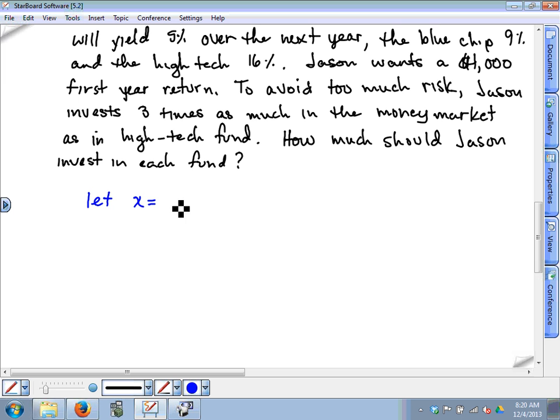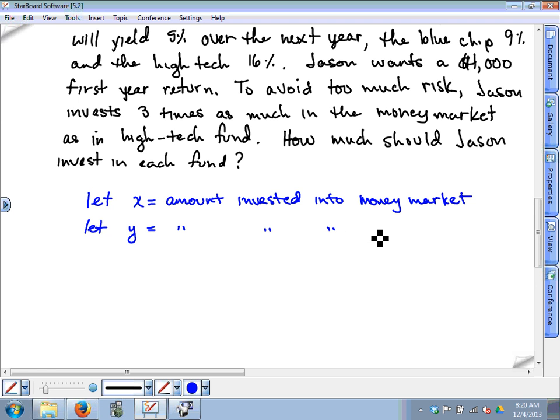Let's let x equal the amount invested into money market. Correspondingly, we can let y equal the amount invested into blue chip fund, and let z equal the amount invested into high tech.